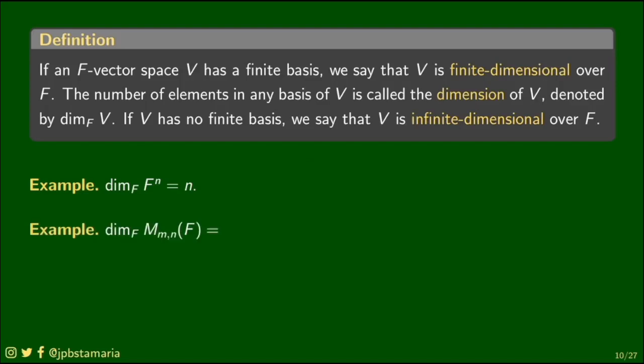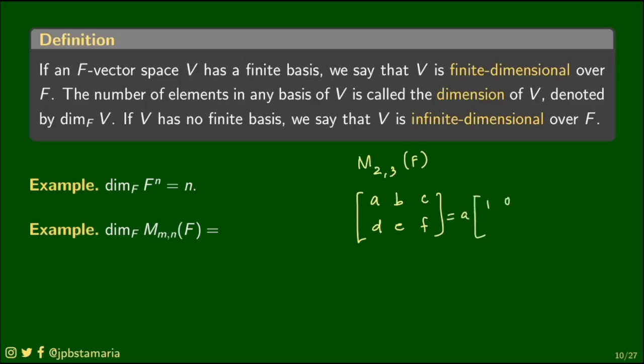The space of m by n matrices has a dimension. What's the dimension? For example, if you're looking at M23, a matrix in M23 looks like this. How many matrices do you need to specify a matrix in M23? Well, right?